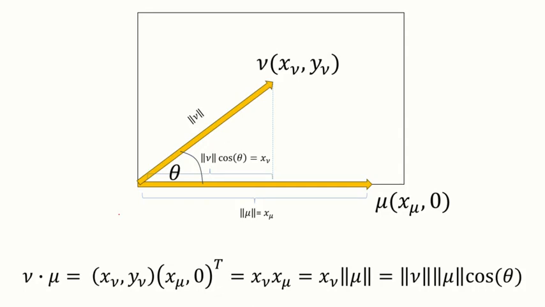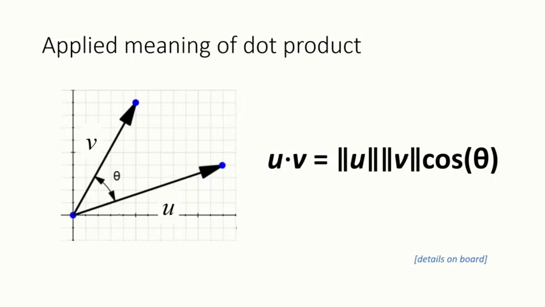Okay, I just use this special example to convince you that's true. The dot product of these two vectors is the norm of the first vector times the norm of the second vector times cosine theta, the angle between these two vectors.